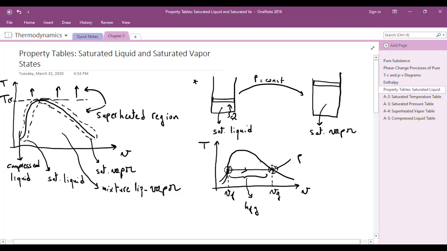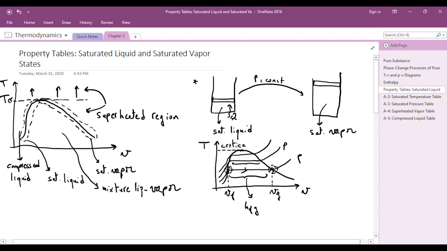And this line, as you know, if we increase the pressure, this line will shrink, so the Hfg will decrease with increasing pressure and temperature until it is equal to 0 at the critical conditions.